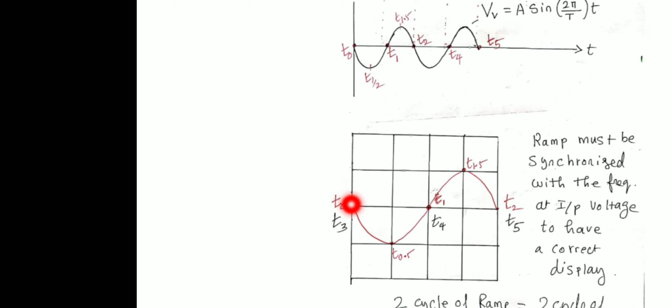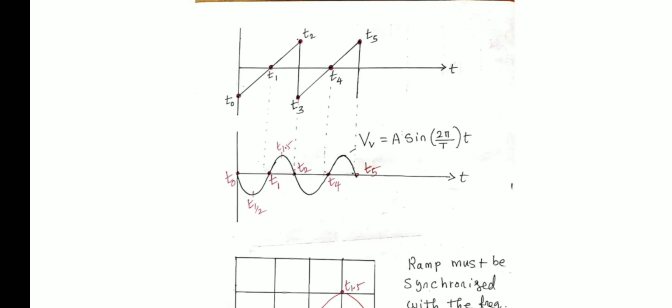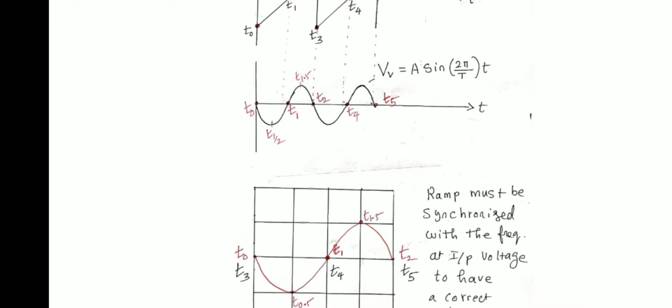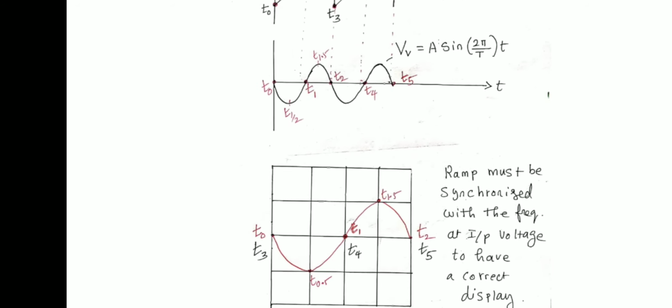And at time T1, between time T0 to T1, what happens? Between time T0 to T1, the ramp signal is somewhere here and the input signal is here, at negative maximum. Hence, the luminous spot on the screen appears here.